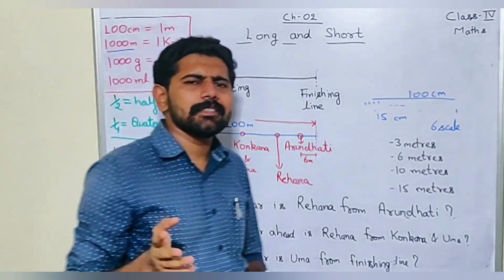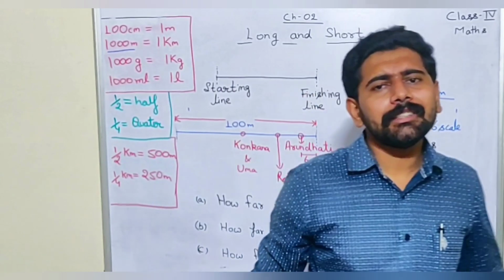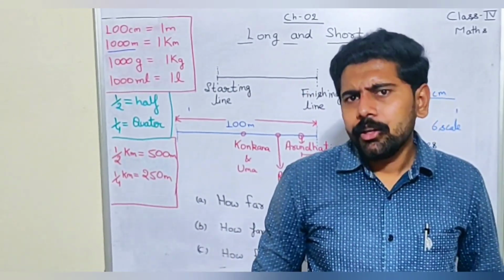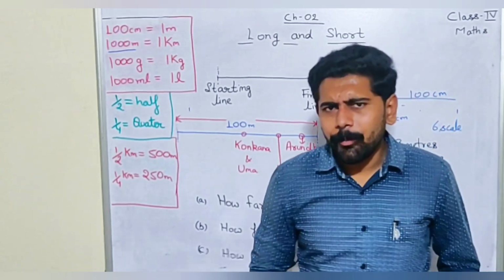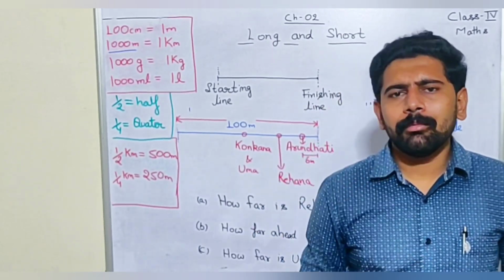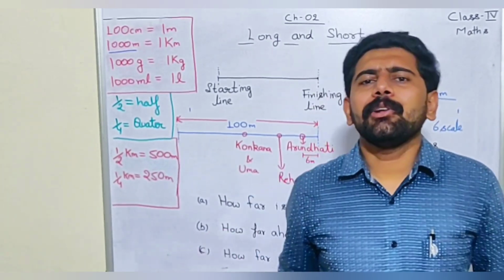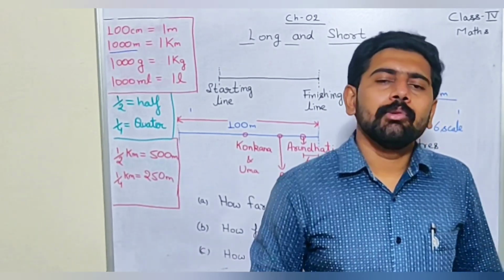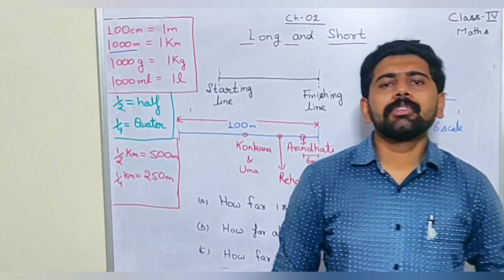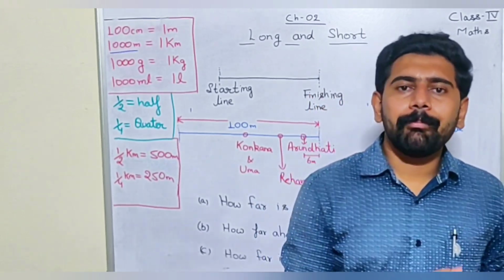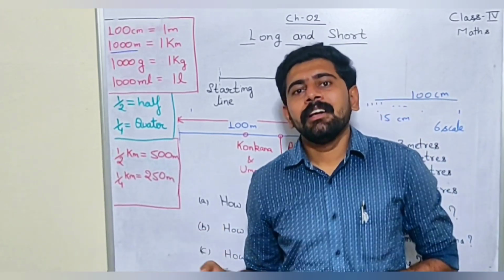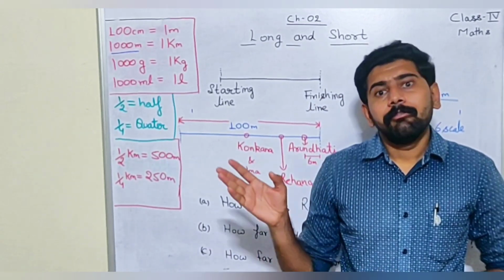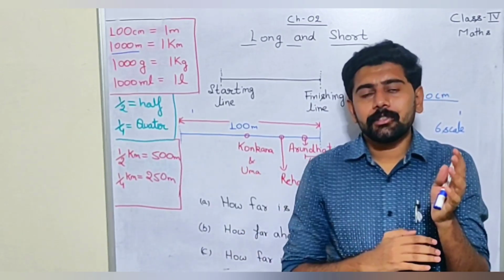Okay, these are the units to measure the length, to measure the distance. But you go to the vegetable shop, you bring some potatoes, tomatoes, cucumber, and many other vegetables. You also go to other shops to bring pulses, to bring rice, and you also go to the cluster where we purchase the packets.